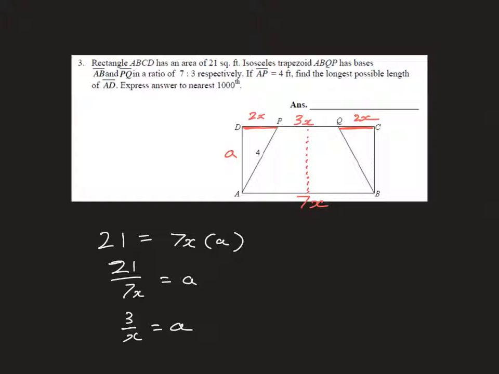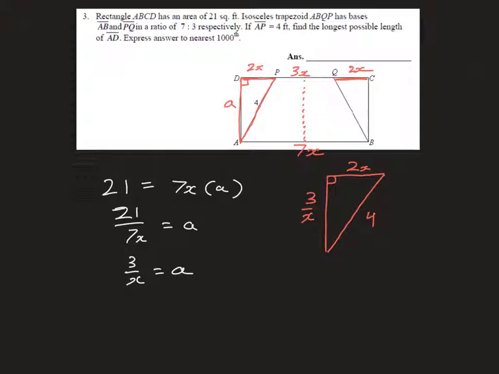So let's redraw one of these triangles. This triangle, let's draw it over here. So it's a right triangle, and whenever we see a right triangle, we just use the Pythagorean theorem.